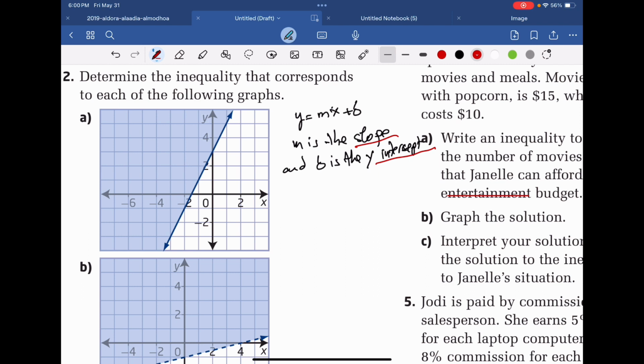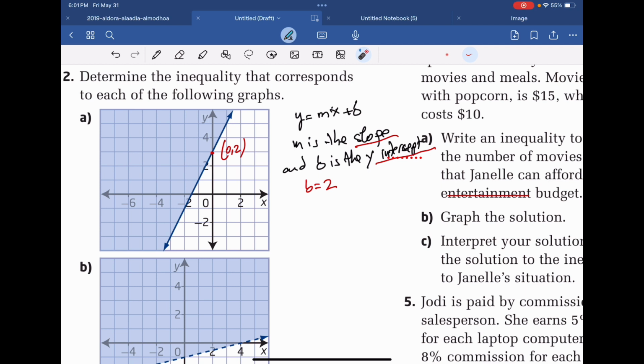So first of all, let's look at this graph. Where is the y-intercept? The y-intercept is this point. So this point is 0, 2. It's b. So my b is equal to 2. Now I need to find the slope. The slope is the rise over the run.